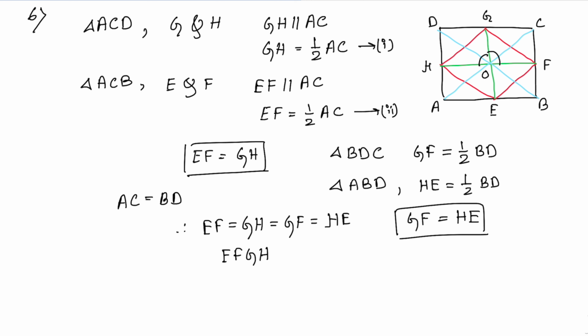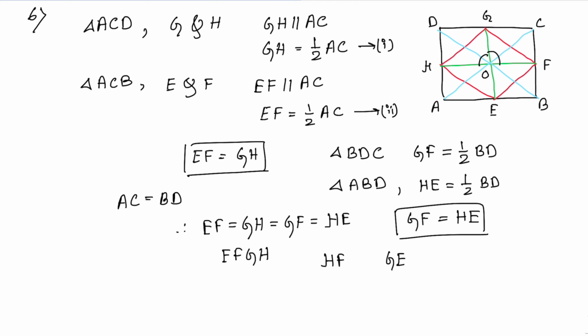Now there is a difference between a rhombus and a square, that is in a square both the diagonals are equal, but in a rhombus the diagonals are not equal. So as EFGH, the diagonals are HF and GE.